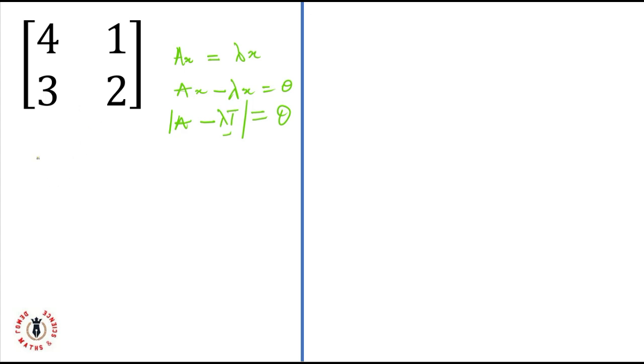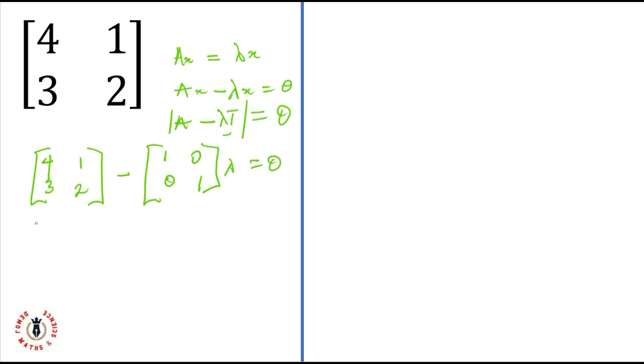So based on this notion, we have the matrix 4, 3, 1, 2 minus lambda multiplying the identity matrix, which is 1, 0, 0, 1. Remember, when you are constructing your identity matrix, the major diagonal contains ones.